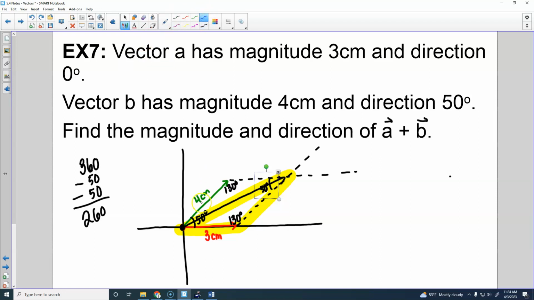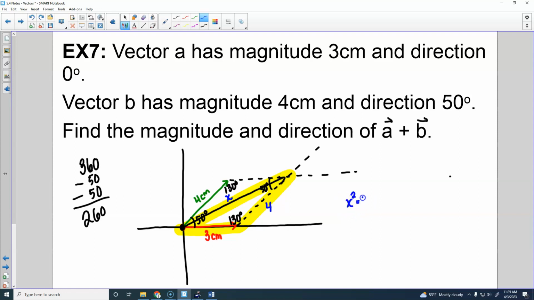Because I know if this side right here is 4, this side right here would also be 4. So I've got two sides and the angle in between. This is not a right triangle. I cannot do regular trig on this. If I have two sides and the angle in between, what do I have to use? Cosines. So I would say, I'm going to look for this side right here first.